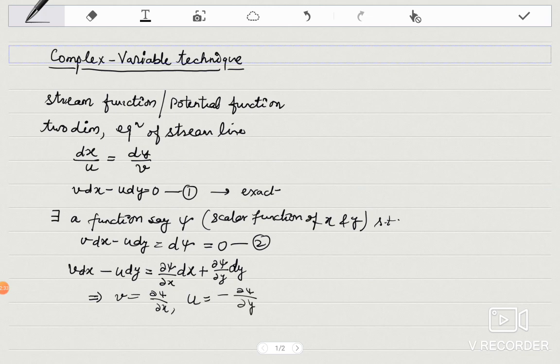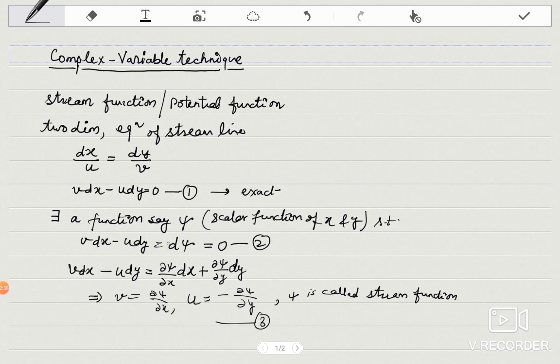These are the relations between the velocity components and this psi function. This psi function is known as the stream function.